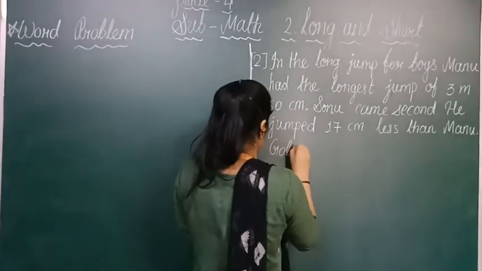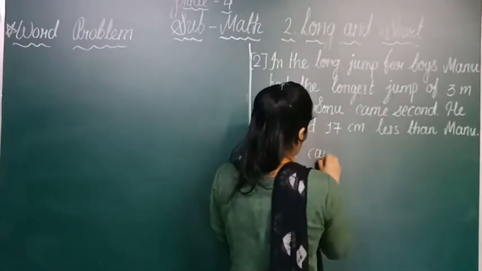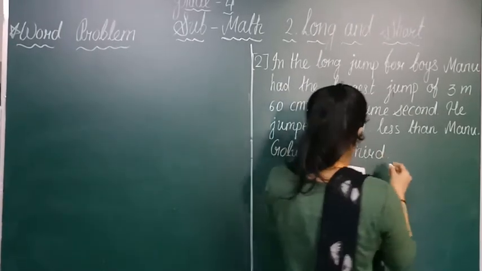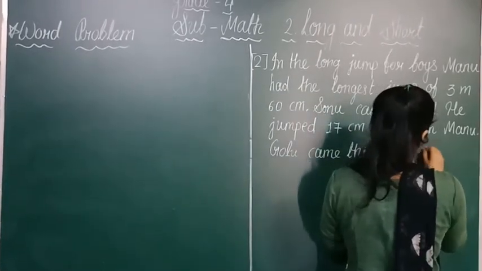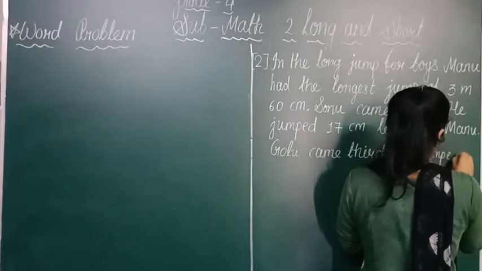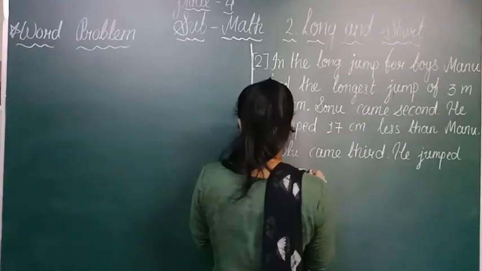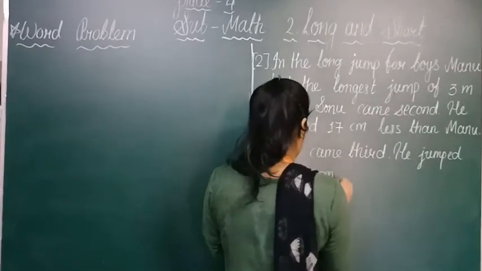Golu came third. He jumped 3 meter and 31 centimeter.